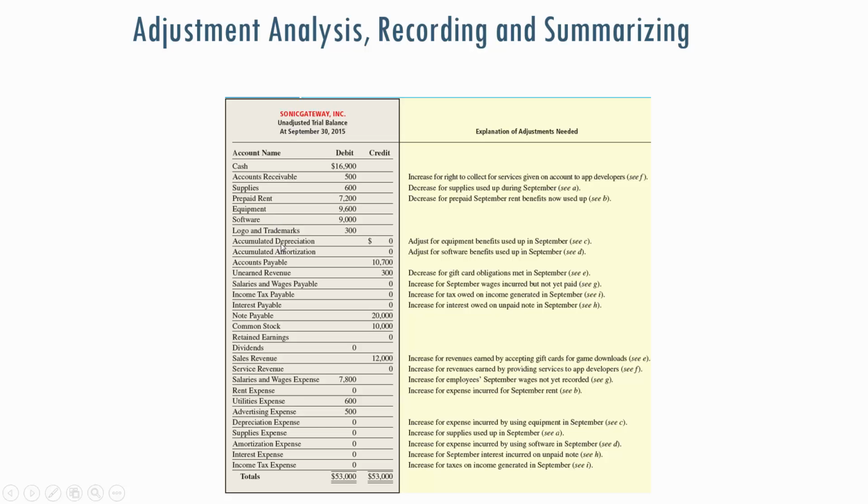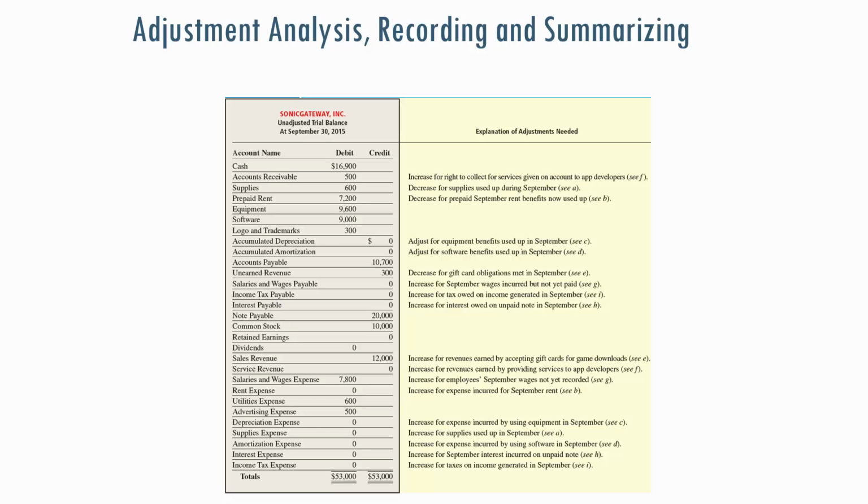We will look at these two accounts and say, that just doesn't seem right. We should have some depreciation. We should have some amortization in here. And so when we review this, we'd say, oh, this just doesn't seem right, and then we would make our adjusting entries.